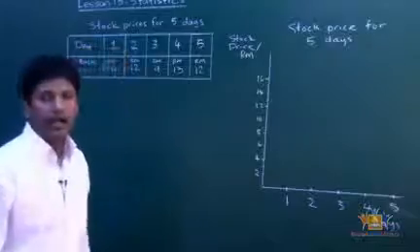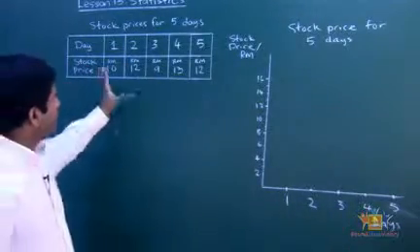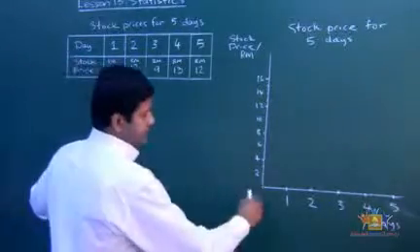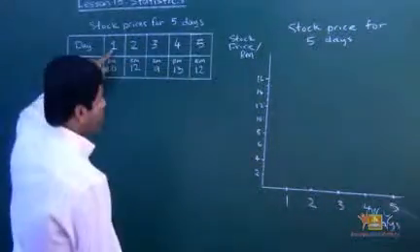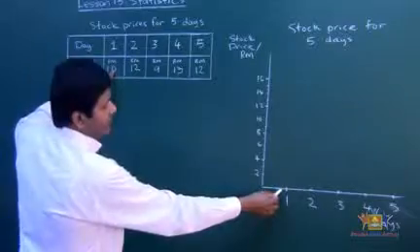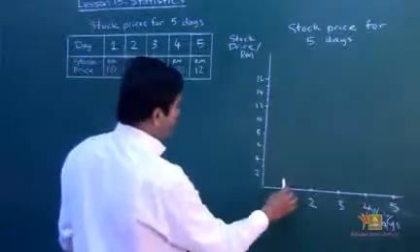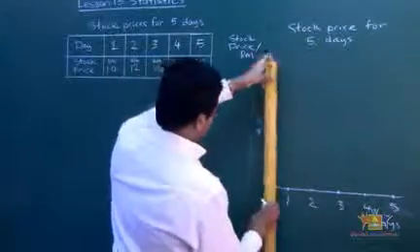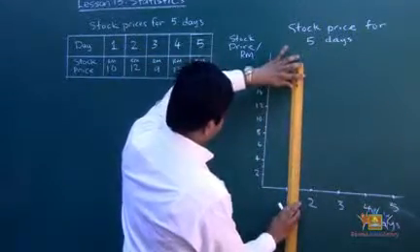All right, so now what are we going to do? We're going to plot this into the line graph. Look at this, this is your days. Day 1 is 10 ringgits, that's the value of the stock. So you want to look for where it intercepts. In other words, it's going to be right here. Let's put a construction line.